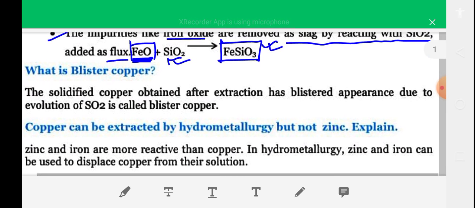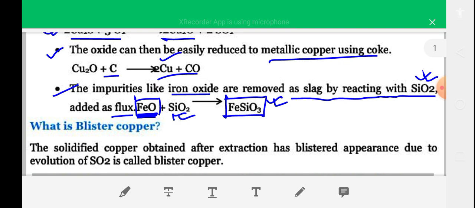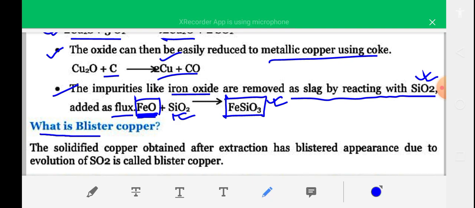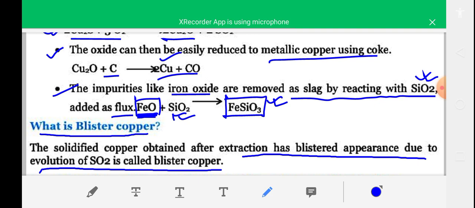Now see what is blister copper. Blister copper is the impure copper, okay. The solidified copper obtained after extraction has a blistered appearance due to the evolution of SO2, and is called blister copper.